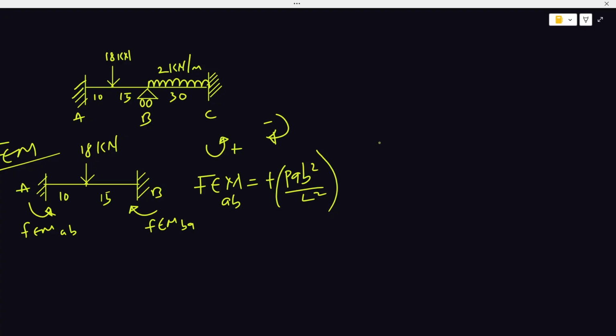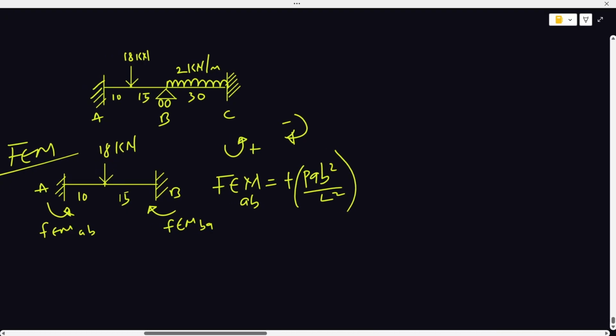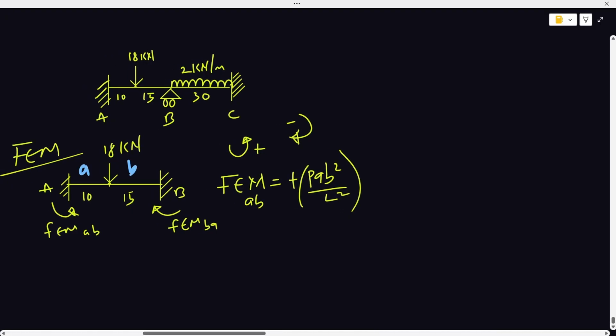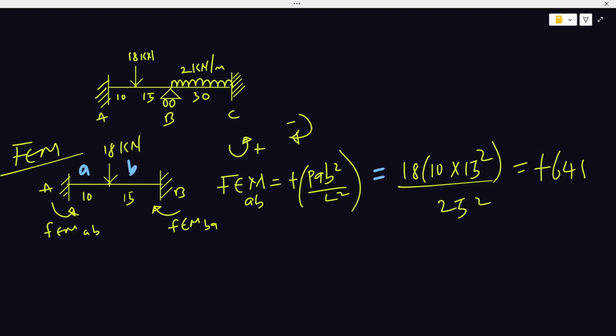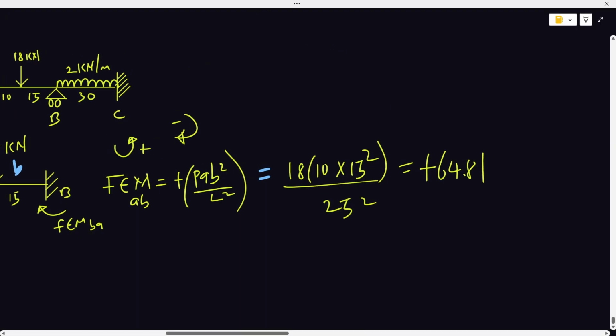So P A B squared over L squared, where this is A, always A, this is B. So this will be positive 18 times 10 times 15 squared over 25 squared, which gives me plus 64.8 kilonewton meter.